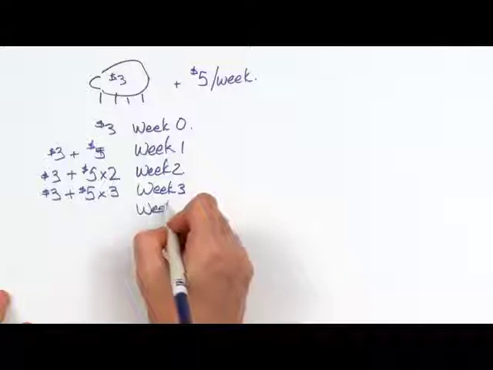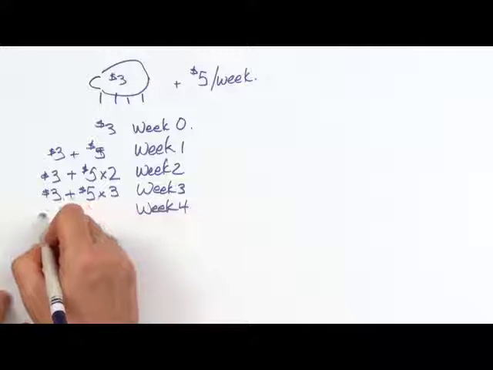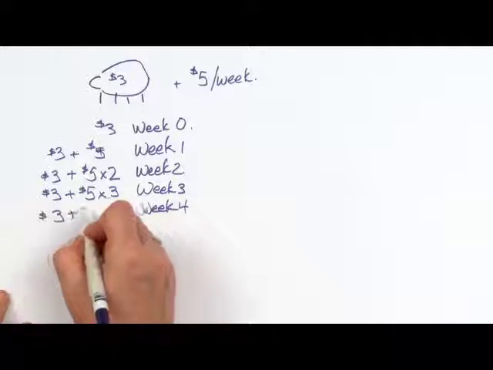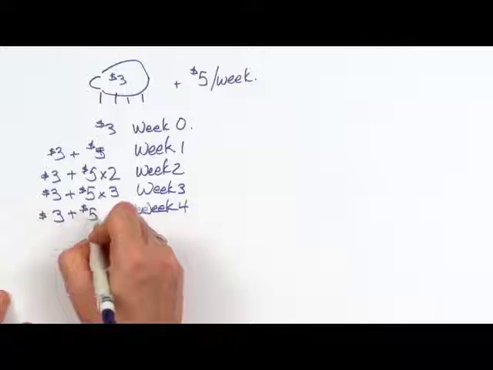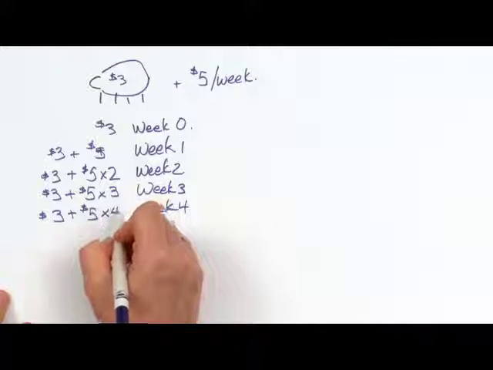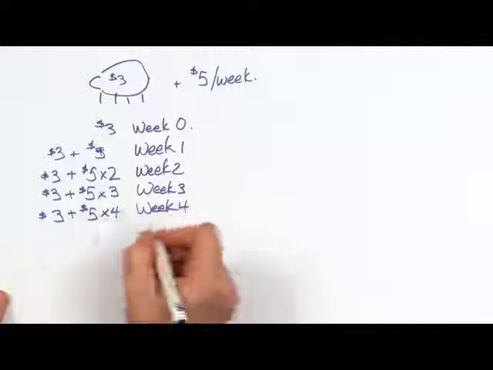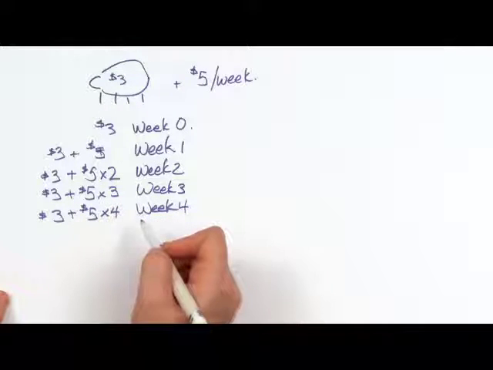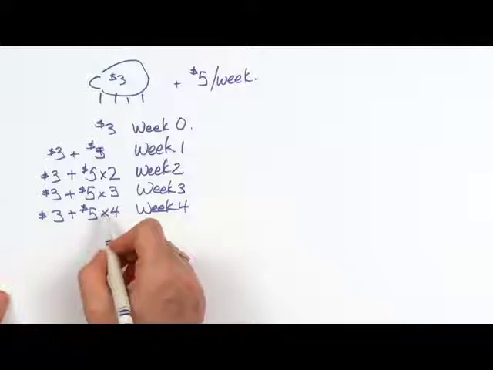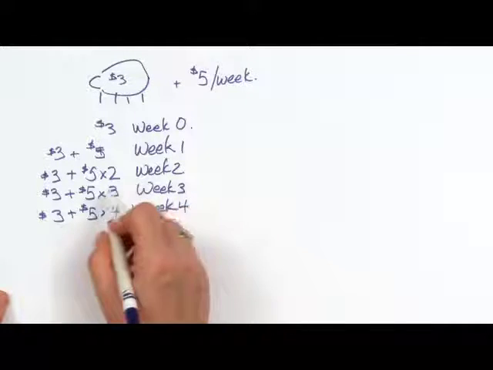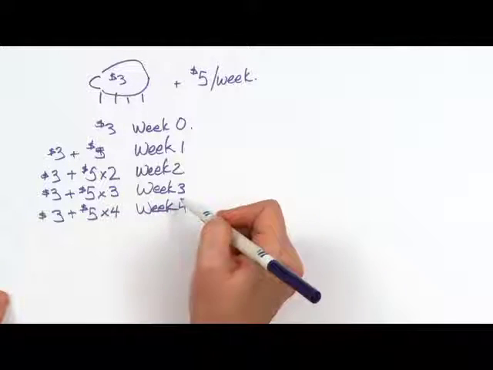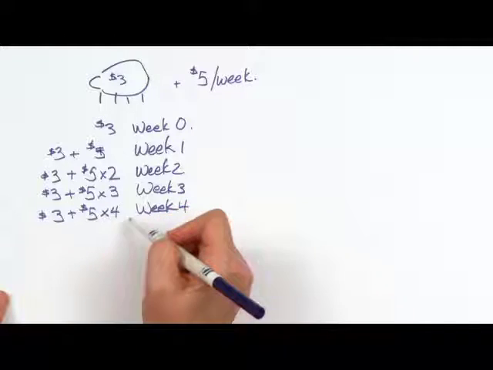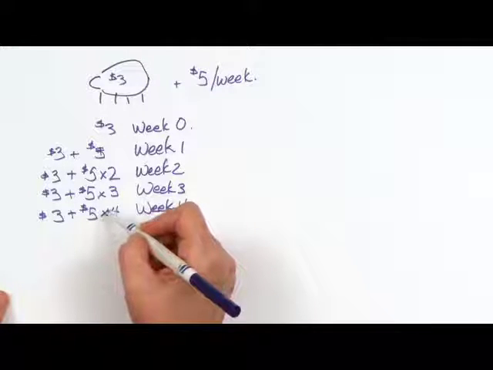Week 4, I have my original $3 plus 4 lots of $5, or $5 times 4. I'm starting to see a connection here between the week number and the number of times that I add $5.